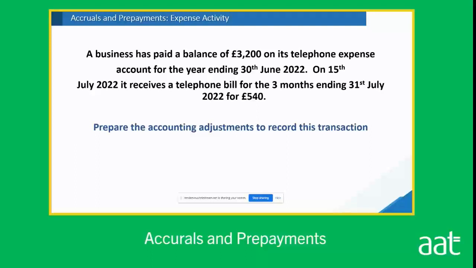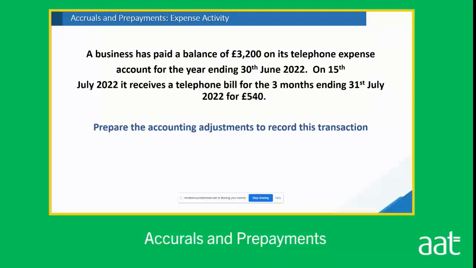At the end of June 22, there's a balance on my telephone expenses account of 3,200. On the 15th of July, which is after the year end, we receive a telephone bill for the 3 months ending July 22, and that's for £540. And that 3-month window will be for the months of May, June and July.